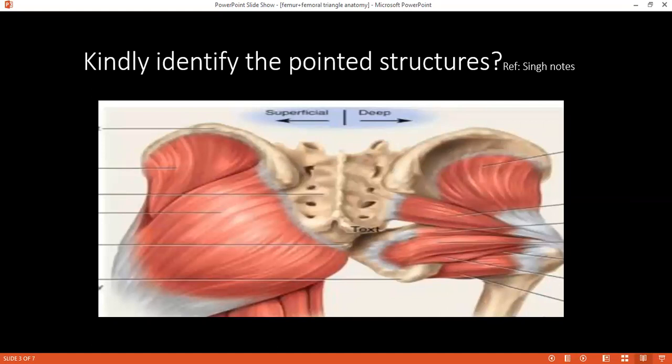If a patient happens to have weakness of gluteus medius and minimus, how would you clinically confirm that? By doing the Trendelenburg test. Ask the patient to stand on one limb and look for any pelvic tilt.